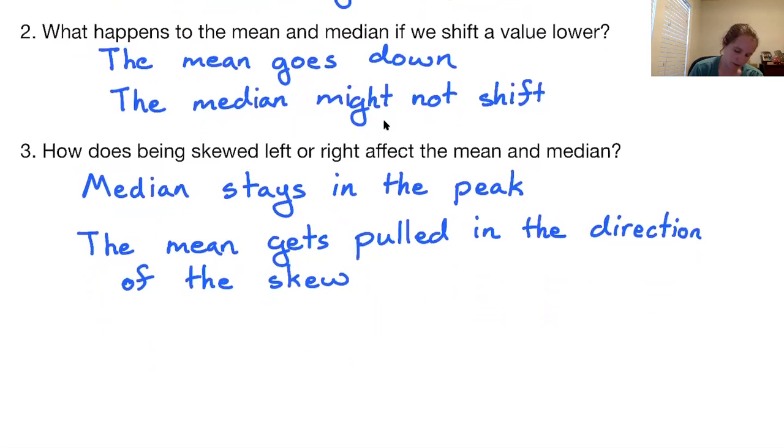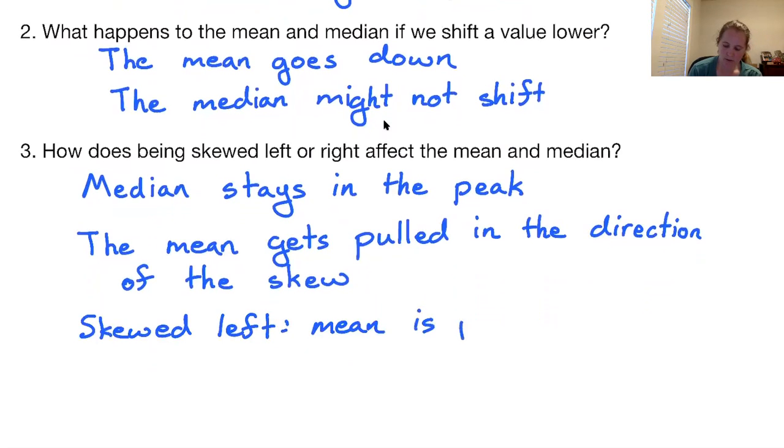So if we have skewed left, then the mean is pulled to the left of the median.